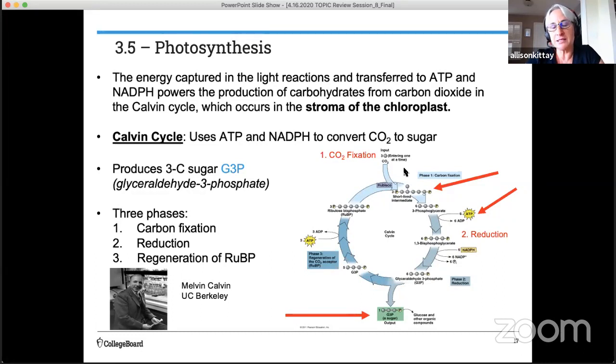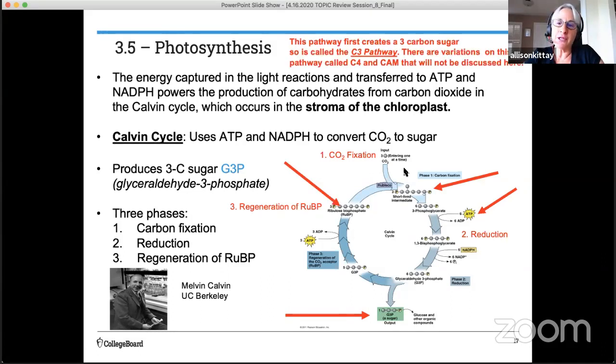And the final phase, since it's a cycle, is we have to regenerate that 5-carbon RuBP molecule so that it's ready to begin the cycle again. And again, it takes 2 cycles to create that 6-carbon carbohydrate. It's really important to note right here that this pathway first creates a 3-carbon sugar, and it's called the C3 pathway.